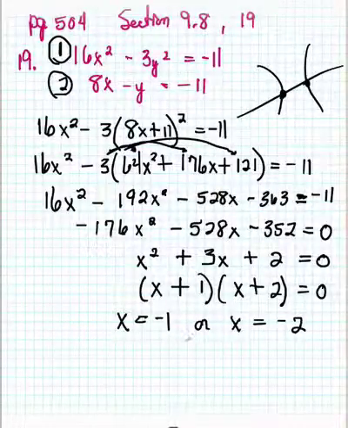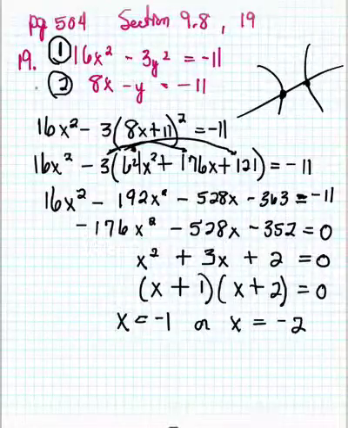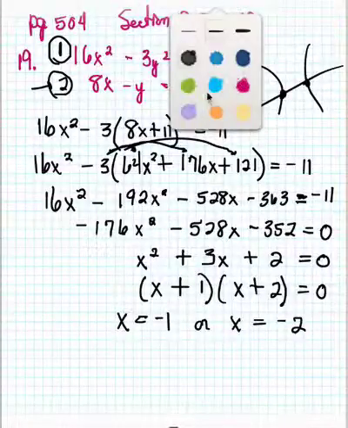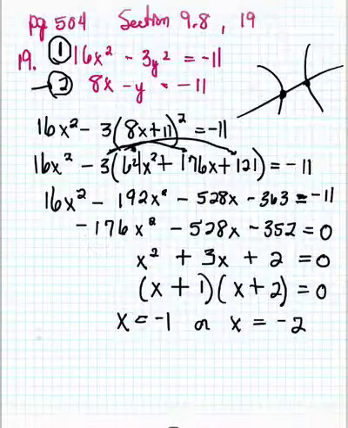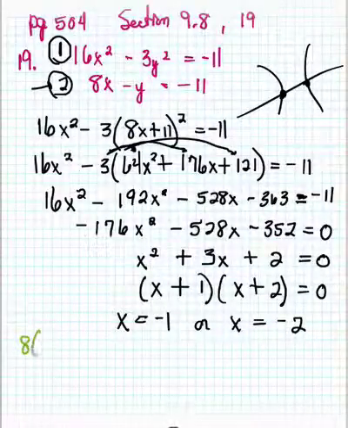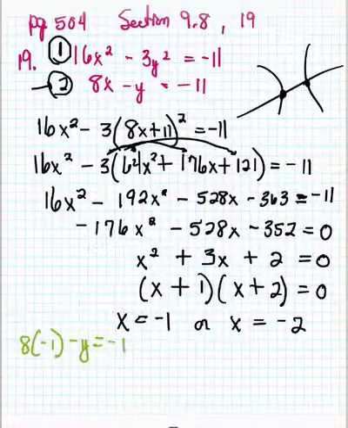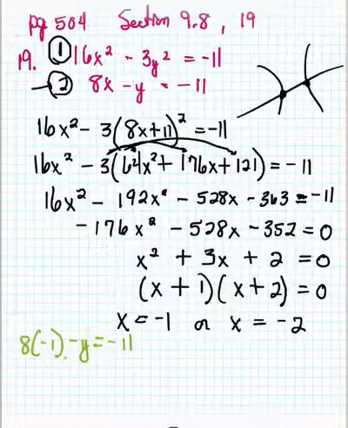Let's try it. First we'll let x equal negative 1. I'm going to substitute into the second equation, since why put it in the first when the second is so much easier?